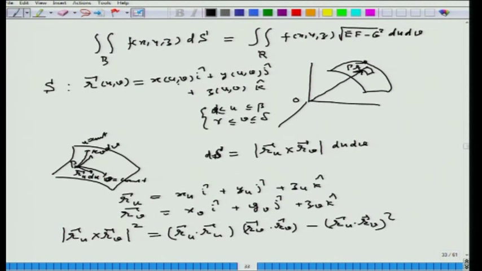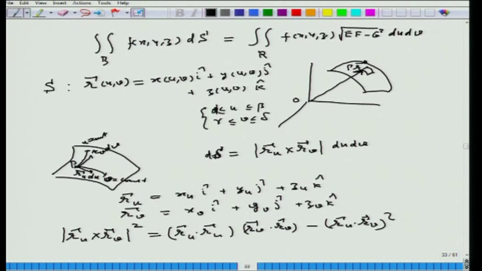Each component is a function of the parameters u, v, so we get x(u, v), y(u, v), z(u, v). The vector r will be given by x(u, v) i plus y(u, v) j plus z(u, v) k, and these u, v are within the range of the bounded intervals alpha, beta and gamma, delta.